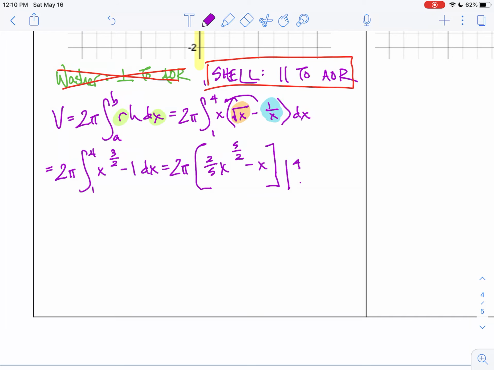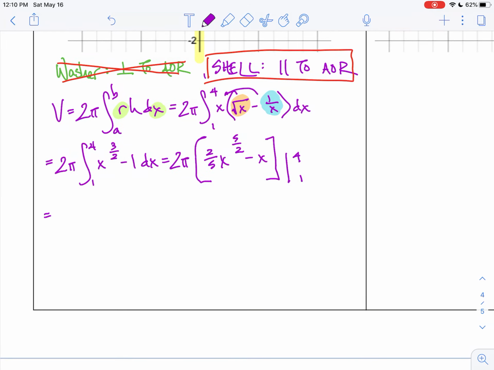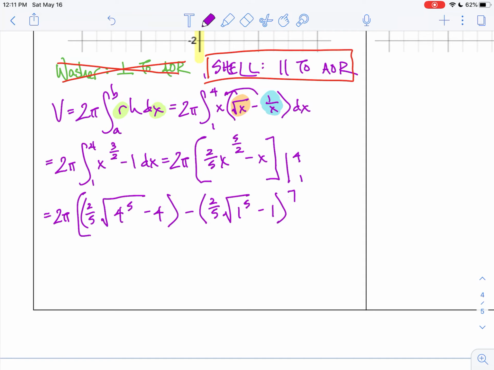Plug in 4, plug in 1. All right, so 2 pi, I have 2/5 times the square root of 4 to the 5th minus 4, minus 2/5 times the square root of 1 to the 5th minus 1.